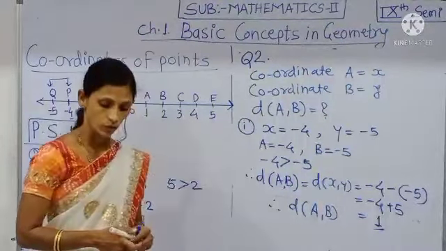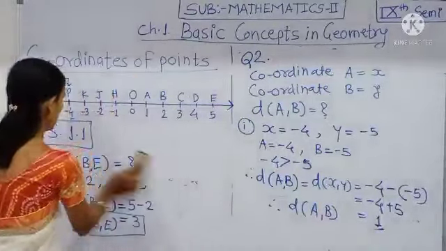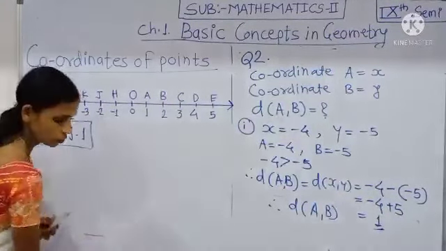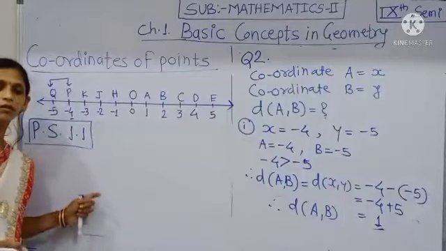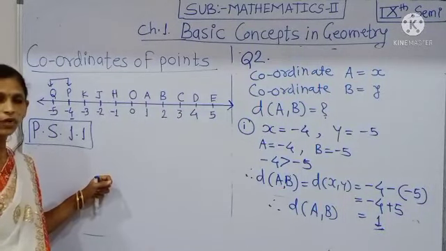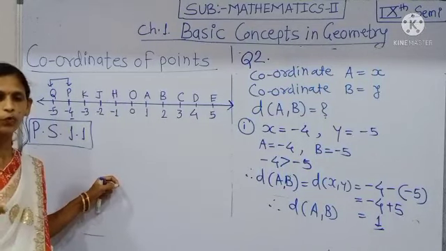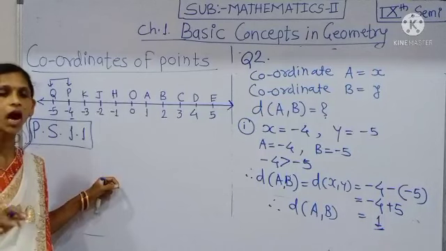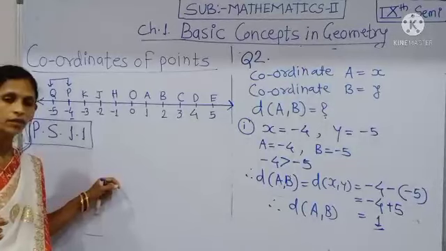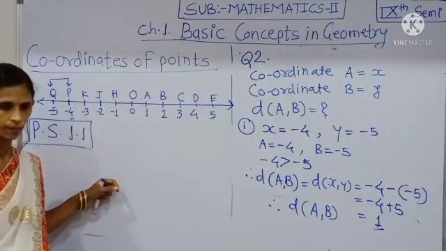Then we will solve question number 3 in practice set 1.1. In question number 3, from the information given below, find which point is between the other 2 remaining points and determine whether the points are collinear or not.